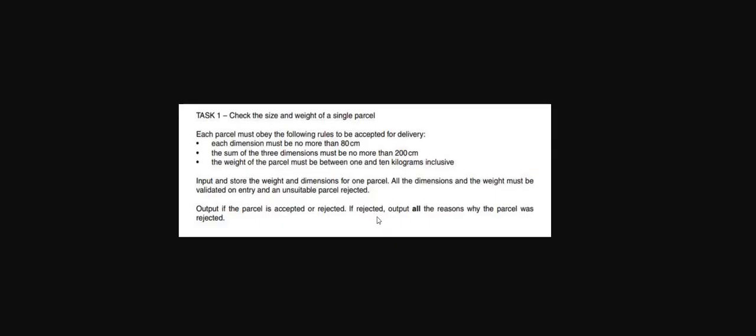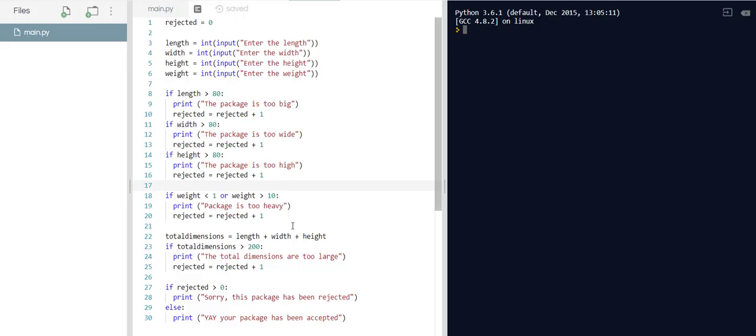But also at the end it says output all the reasons why the parcel was rejected. So look what I can do. This is actually a neat little trick. Instead of just doing print, I'm going to turn this into a variable. I'm going to put message equals message plus string.